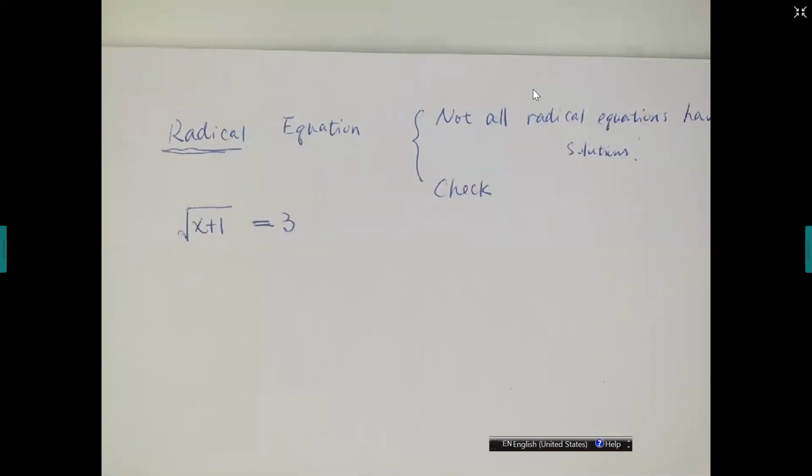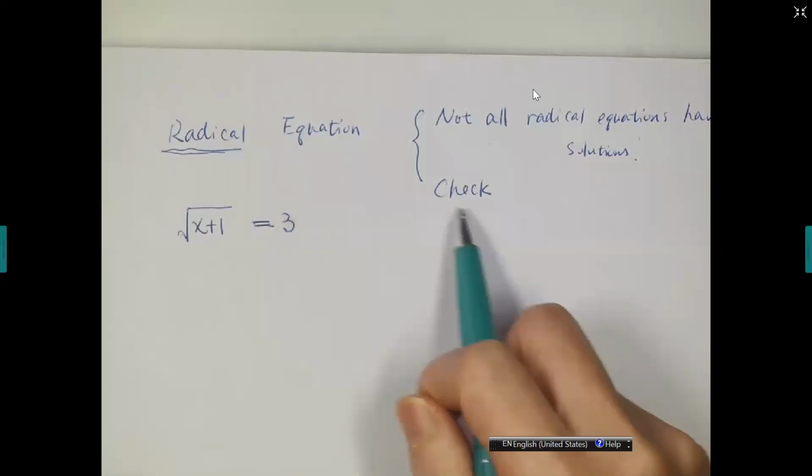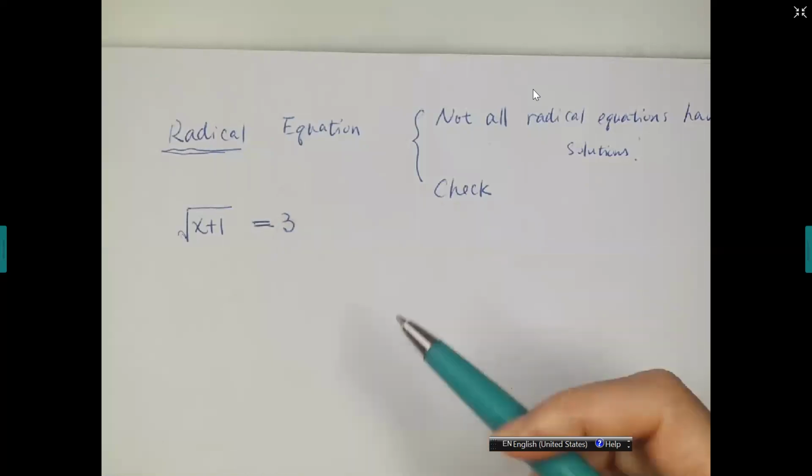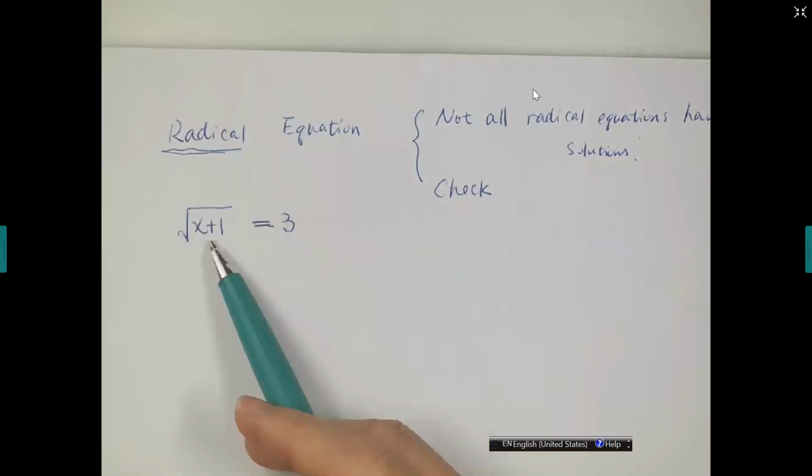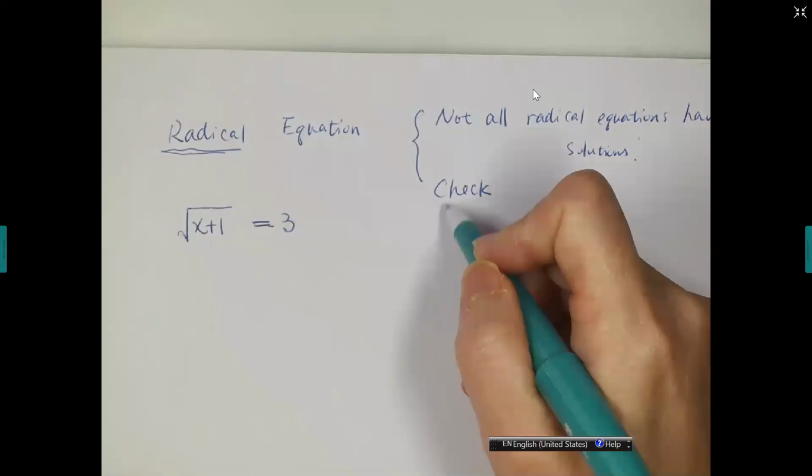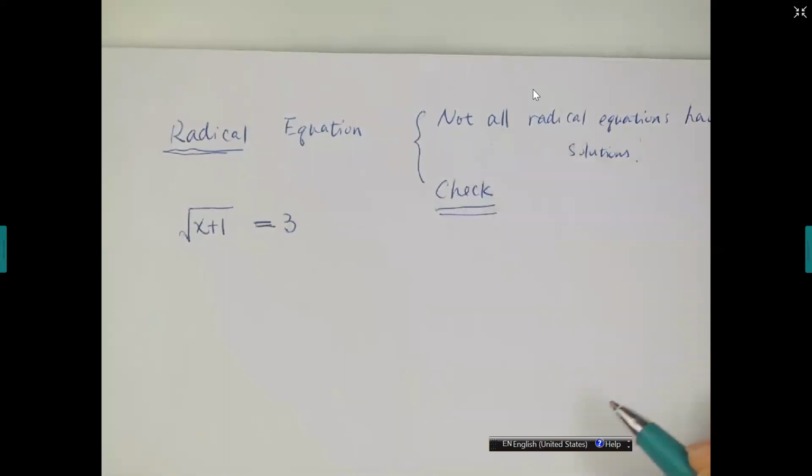It's pretty similar to the rational equation. To solve the rational equation, we have to guarantee that the denominator can never be 0. And same here. When we check the equation, first we need to check that the radicand can never be less than 0. And the best way is always to substitute the solution we get back into the original equation, then check whether the left side and right side are equivalent or not. So this is very, very special about the radical equation.